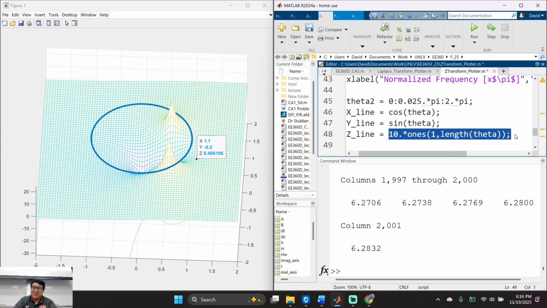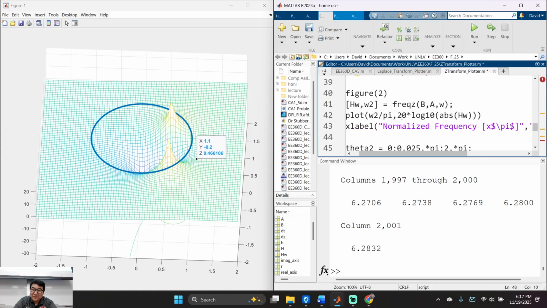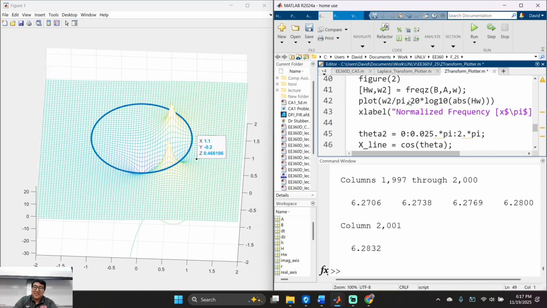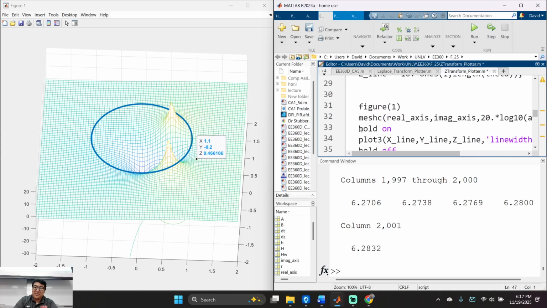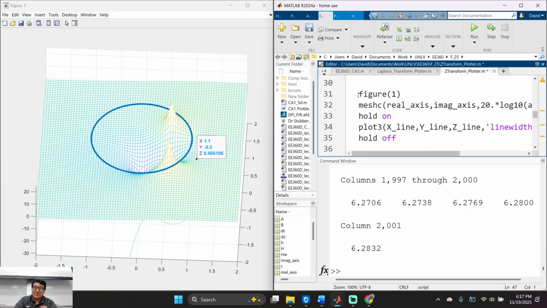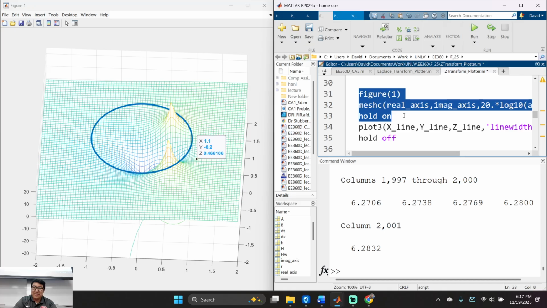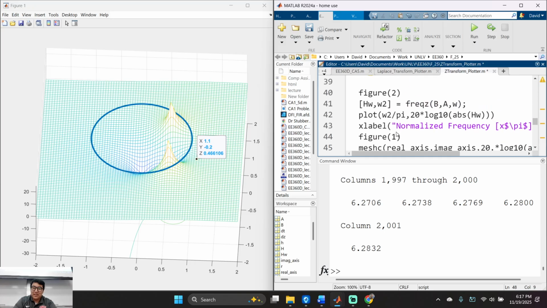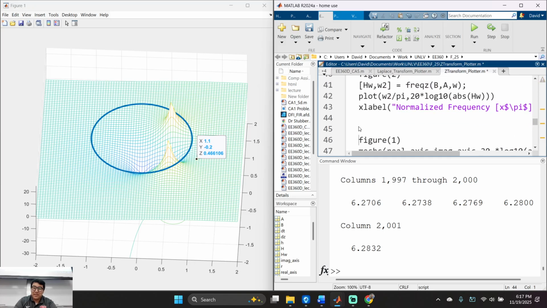And this right here is this guy. Copy paste. And if I were to do this cool figure right here, hold on, hold off. There you go, figure 3.